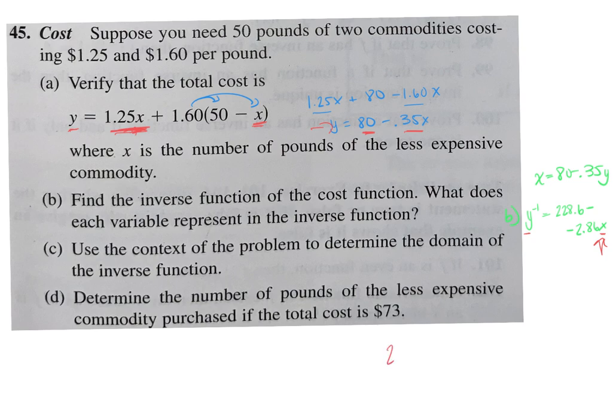So I can just say 228.6 minus 2.86 times that 73. And I think you get, I don't know if it rounds, but it's really close to 20 pounds. So if I had 20 pounds of this guy, then I should have 30 pounds of that guy, 50 minus the 20, in order to get a total cost of 73.